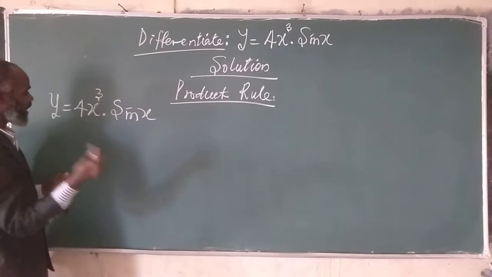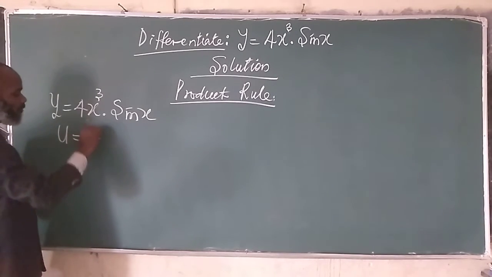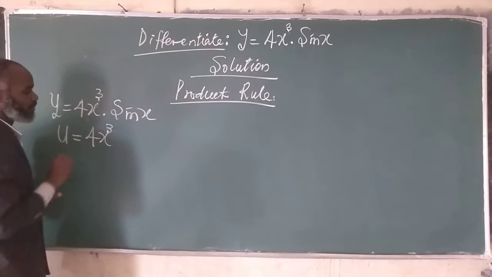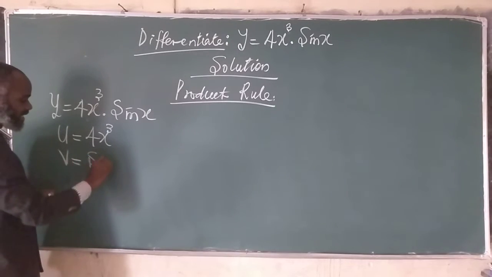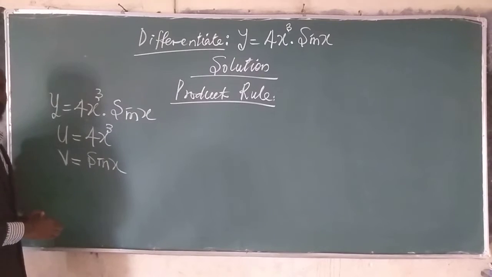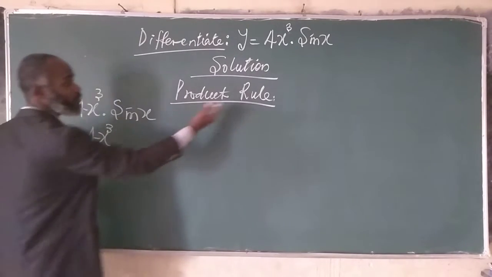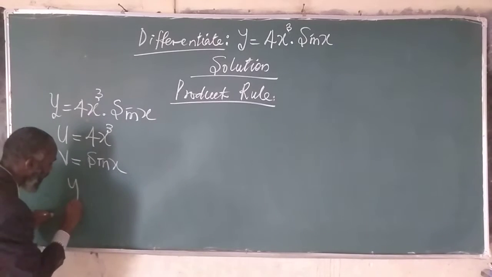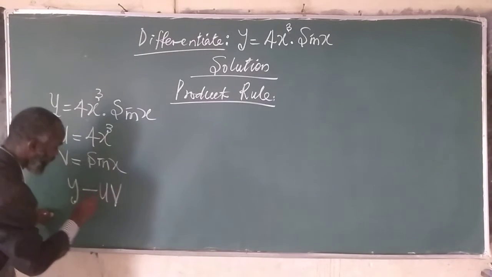With that concept, we now have that u is equal to 4x cubed, and then our v is equal to sine x. The equation that we're going to define as the product rule is y is equal to uv.